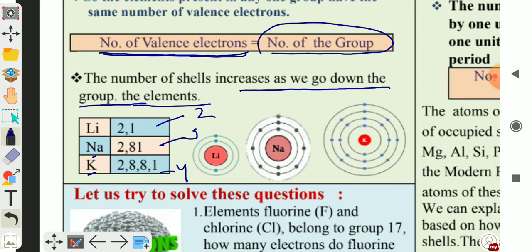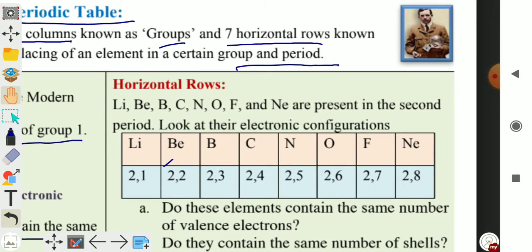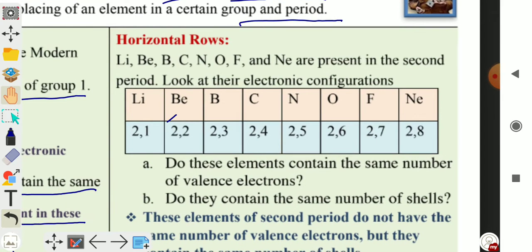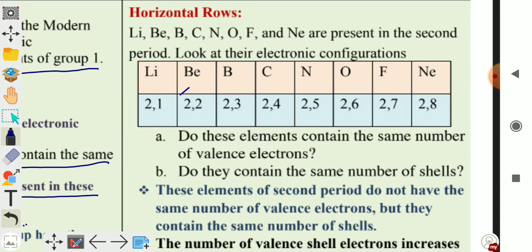Now we will discuss the horizontal rows, that are known as periods. Lithium, beryllium, boron, carbon, nitrogen, oxygen, fluorine and neon are present in the second period.